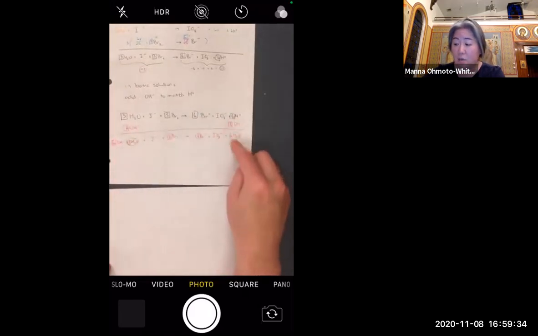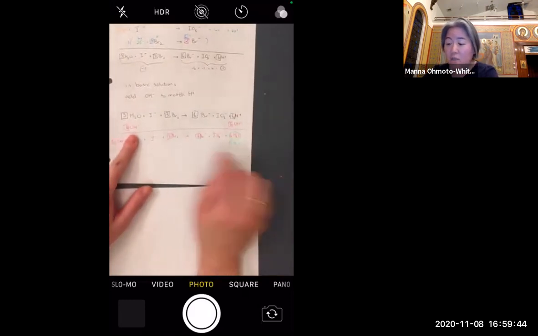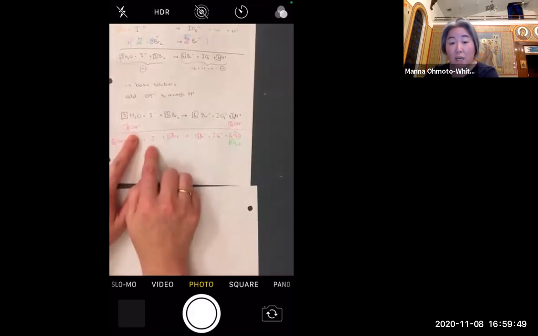This now becomes 6 waters, and I'm adding 6 hydroxide ions. Well, my 6 waters now cancel out my 3 waters on this side, so I'm left with 6 hydroxide ions plus 1 iodide ion, 3 bromines, yielding 6 bromide ions plus 1 iodate ion and 3 waters.